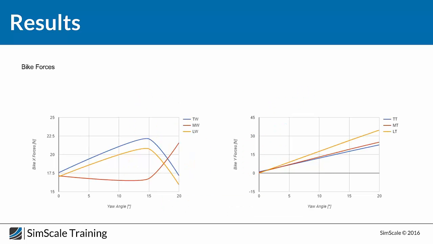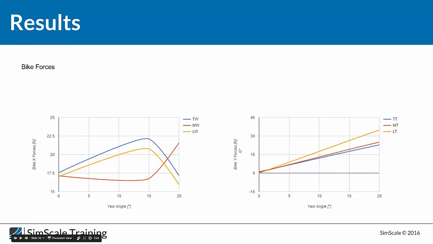And here is the graph that I want to talk about. Here we have TW, the thin wheel, MW, the mid wheel, and LW, the large wheel. Here we are visualizing the angle of attack against the bike forces. For this graph we are talking about the total force on the bike, not the tires separately.